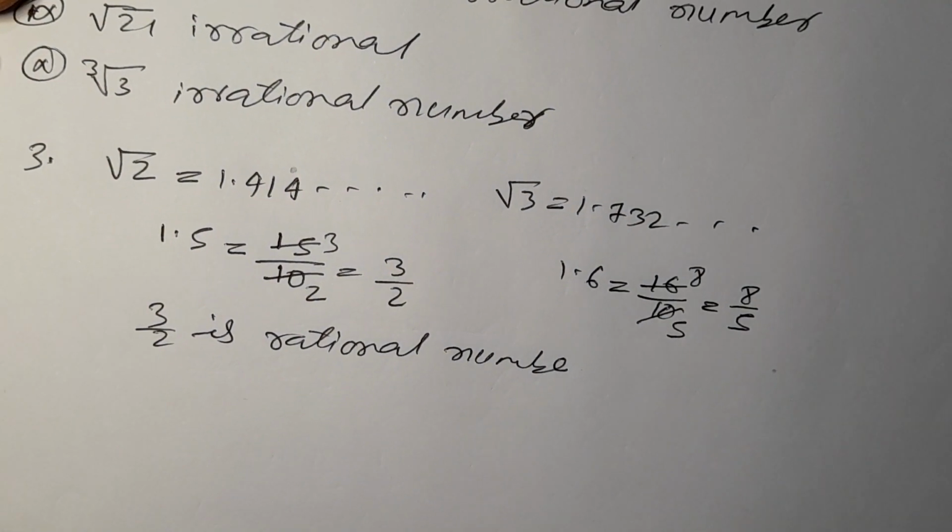There will not be sufficient space here, so let me turn the page. Question number 4: you have to prove that root 6 is an irrational number. So this is the answer.